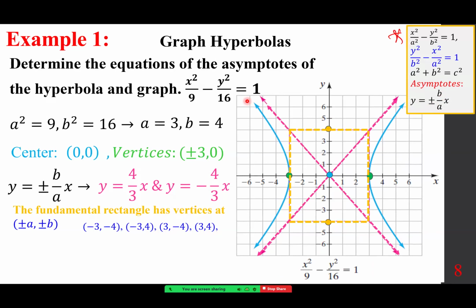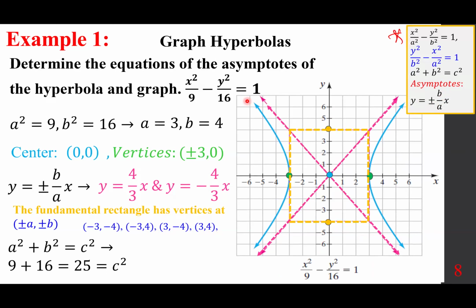Now, for the analysis, let's find the value of c. We know a squared plus b squared equals c squared. And over here, we had a squared and b squared already. So 25 makes c 5. And therefore, foci are at plus minus 5, 0.